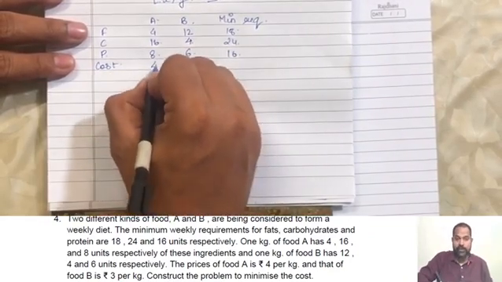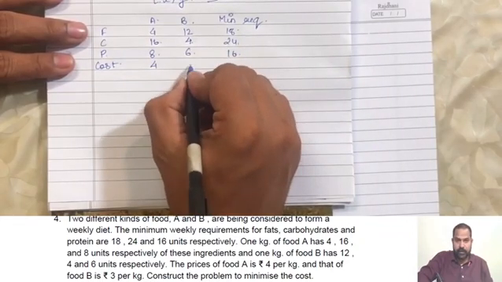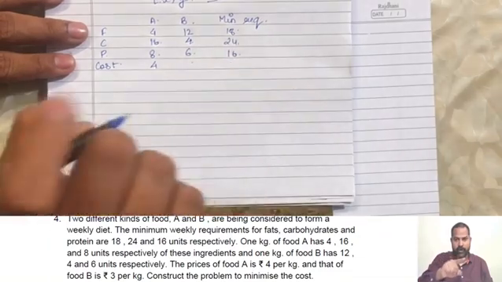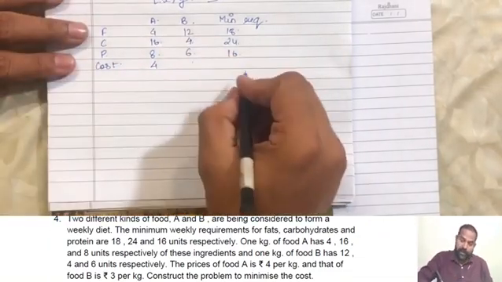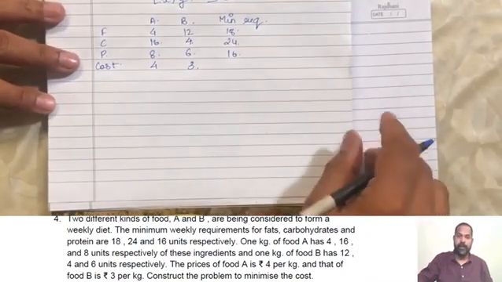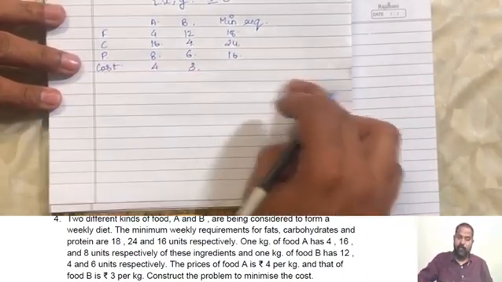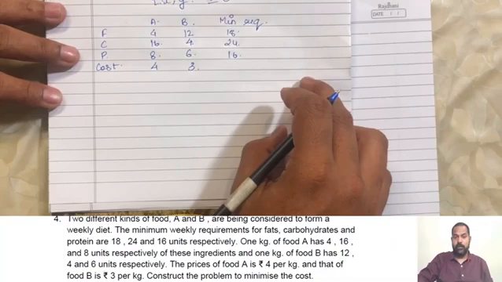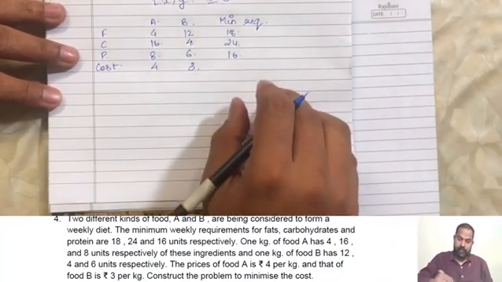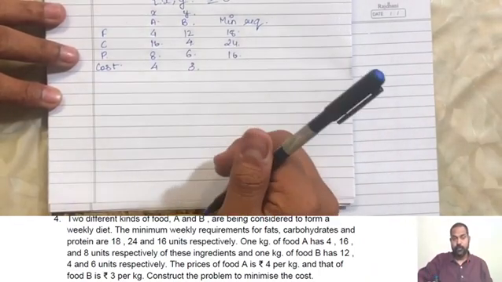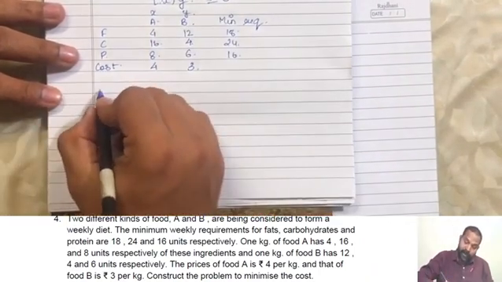A is 4 per kg and B is, that is wrongly printed, no, correct, and that of B is rupees 3 per kg. Construct the problem to minimize cost. Line 1 will be, let us consider X units of A and Y units of B. I have to minimize cost.